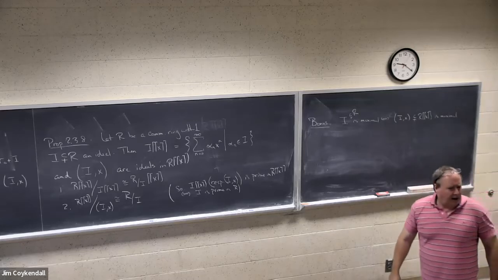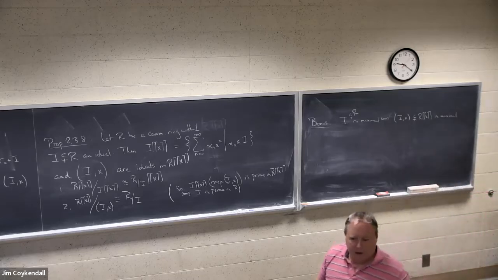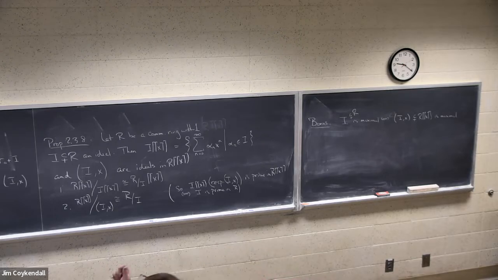I pointed out last time that even for a field, this is trivially not true for polynomials, right? So for example, if R is a field, 0 is a maximal ideal, but the ideal (I, X), which would translate to (0, X), the ideal generated by X, is certainly a maximal ideal of the polynomial ring, but that ain't it.